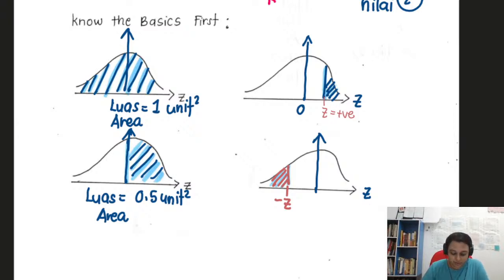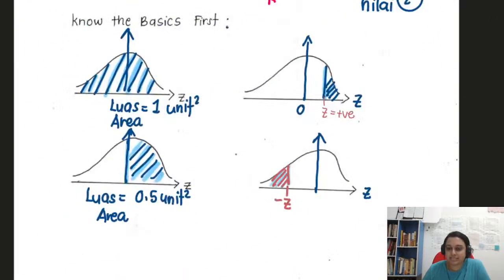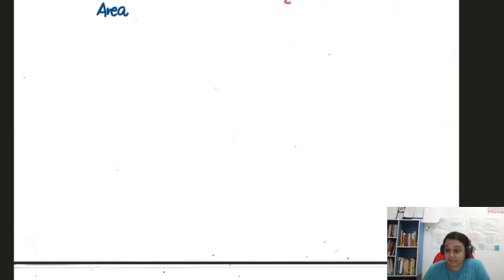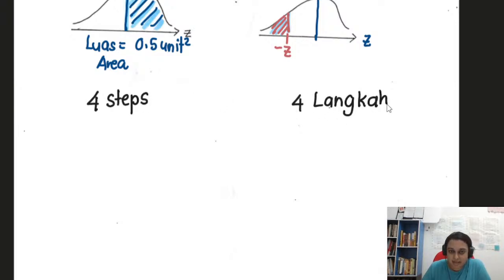So sekarang let's look at the question. Okay, before we start with the question, teacher got 4 steps that I want you all to write down. 4 langkah. 4 steps. So you follow this langkah, the steps, any type of question you can answer.